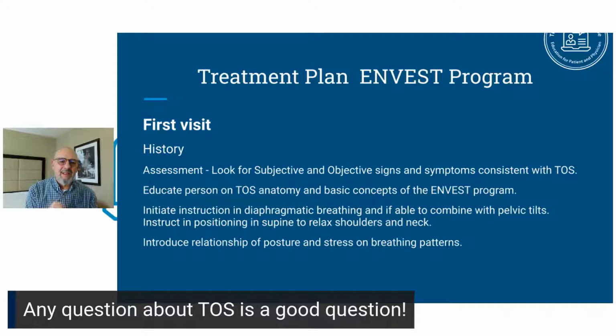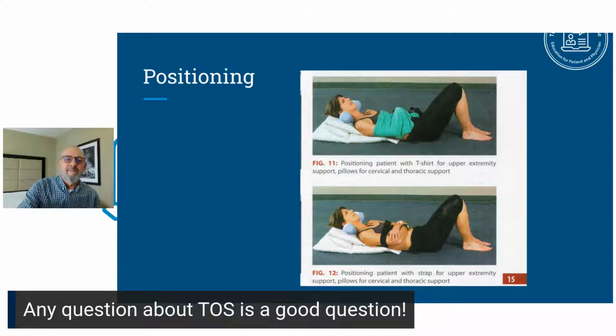And we're also going to introduce the relationship of posture and stress on breathing patterns. So day one, I don't expect people to change anything, but I want them to think about how, when you're home, besides your exercises, the way you're sitting and the way your stress is influencing your posture and your breathing.